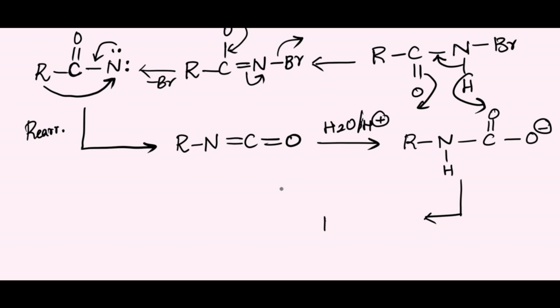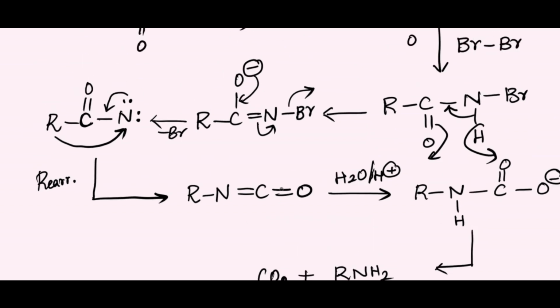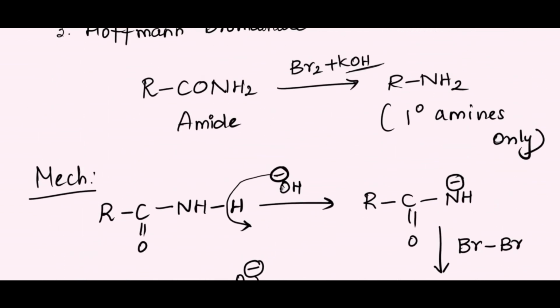Then this gives RNH2 along with CO2. Okay, so this is the overall reaction. The point to be noted here is amide is producing amines. So one carbon will be less in the product.